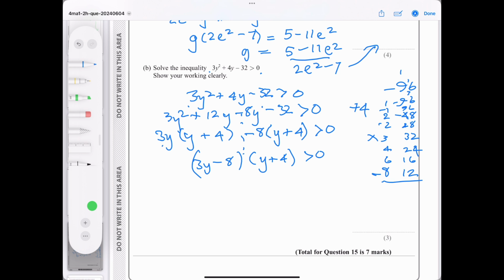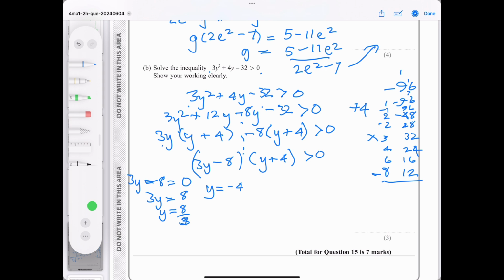Now let's find out what y equals. 3y minus 8 equals 0, so that means 3y equals 8, so y equals 8 over 3. And then, of course, y equals minus 4.